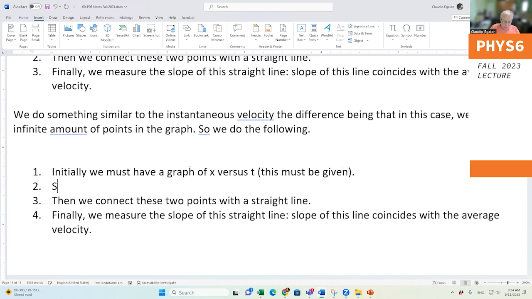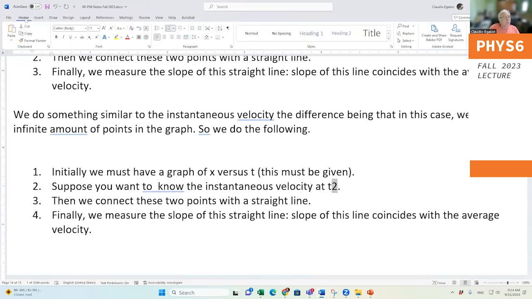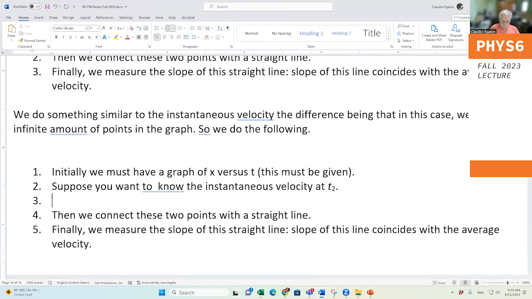Two, suppose you wanted to know the instantaneous velocity at T2. Okay. You get 2 points on the graph.